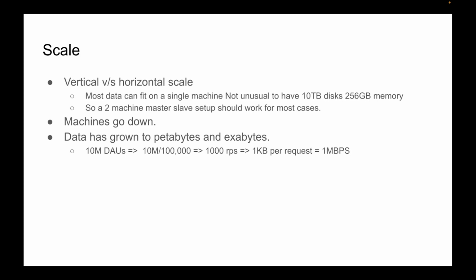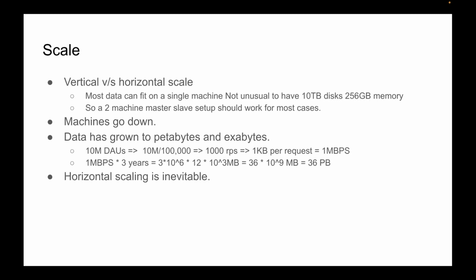Just to give you some numbers, let's say you grew to something like 10 million DAUs, daily active users. Doing some simple math, over 3 years, even with 10 million DAUs and no growth, you would be looking at 36 petabytes of data, which is naturally not going to fit on 1 or 2 machines. So horizontal scale becomes inevitable.